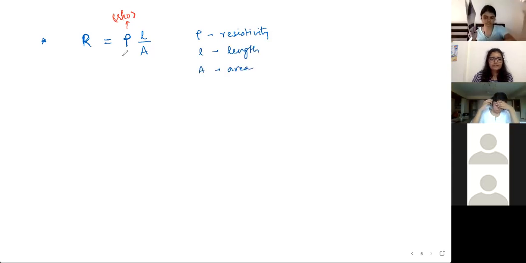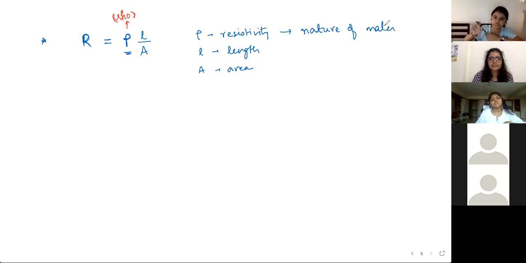So consequently, if you had to define resistivity: is it the hindrance in the flow of current? No, that's resistance. Resistivity is the resistance offered by a certain substance, dependent on the nature of the material. If you had to define it, just rearrange this equation.